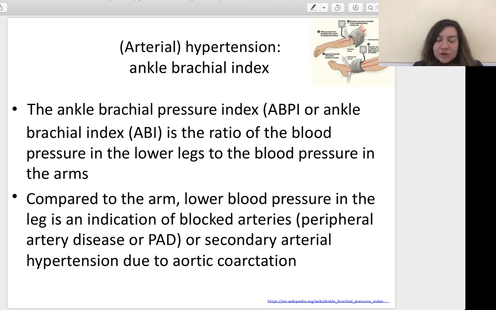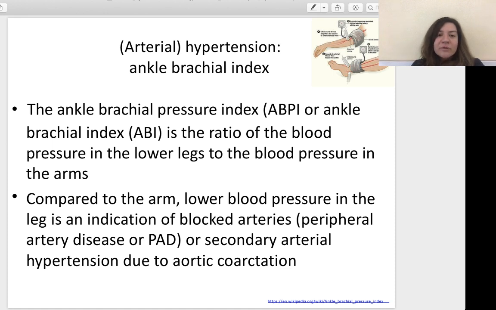Next sign that we need for a hypertensive patient, a very important sign, is the ankle brachial index. We can check blood pressure not just at the arm, which is the typical measurement, but also at the leg. And what is the ankle brachial pressure index, or ABPI, or ankle brachial index, ABI?